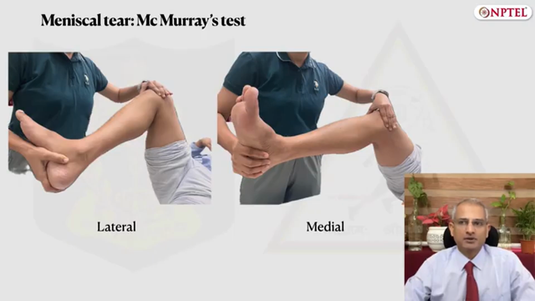When it is appreciated in the middle position, it indicates a body of the meniscus tear, and when it is appreciated when the knee is almost in full extension, it indicates an anterior horn tear.